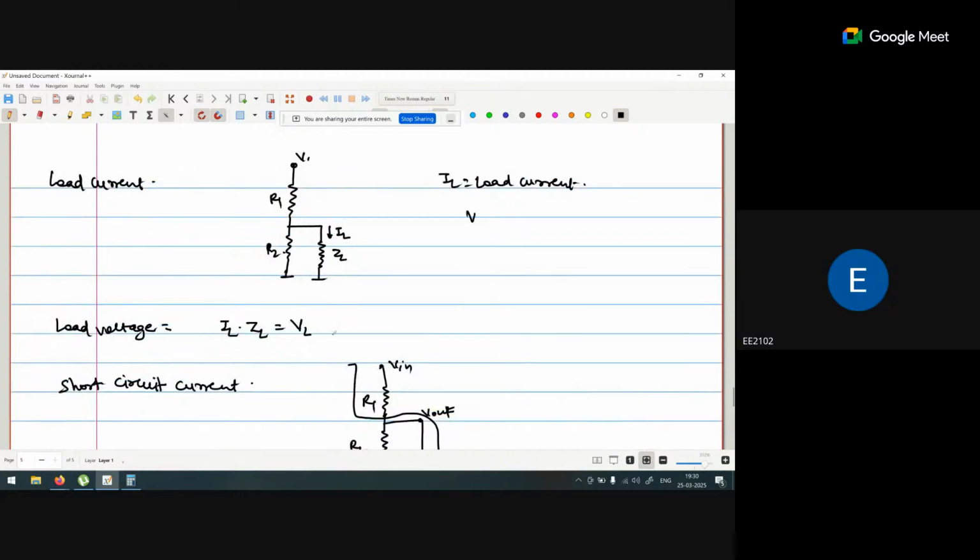First I calculate I, which is V in upon R1 plus R2 parallel with ZL. Then IL is I times R2 upon R2 plus ZL.